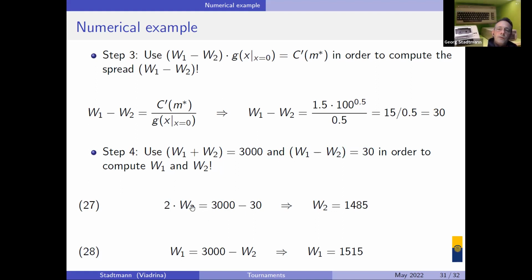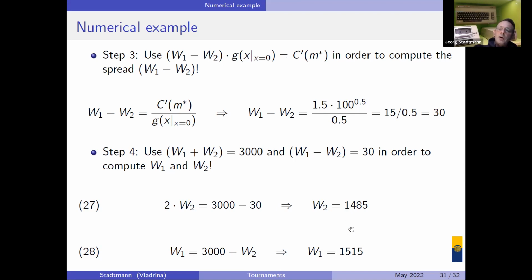Then when we solve for W2, we get W2 is 1,485. And when we plug this into this definition here, W1 plus W2 is equal to 3,000, and we put W2 on the right-hand side, we get to equation 28. W1 is equal to 3,000 minus W2. And then we get W1 is equal to 1,515.